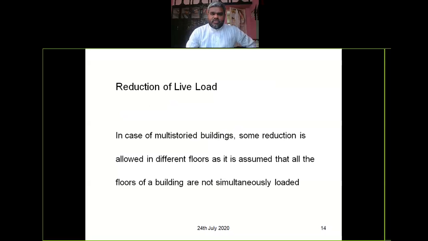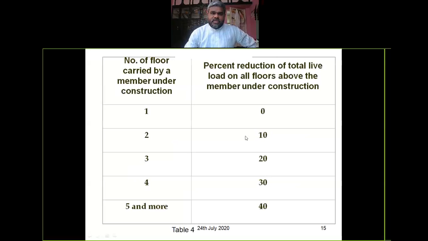So, reduction of load. In the case of a multi-story building, some reduction is allowed in different floors, as it is assumed that all the floors of a building are not simultaneously loaded at the same time. So the reduction depends on the number of floors carried by the members. If single floor, percentage reduction is 0; if a two-floor building, the percentage reduction of live load is 10, right?